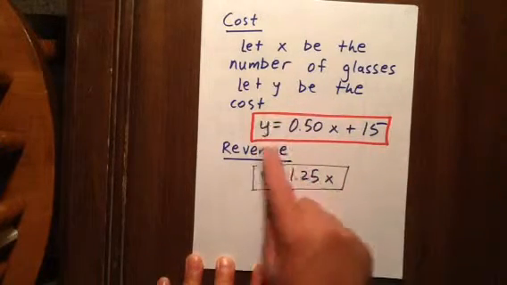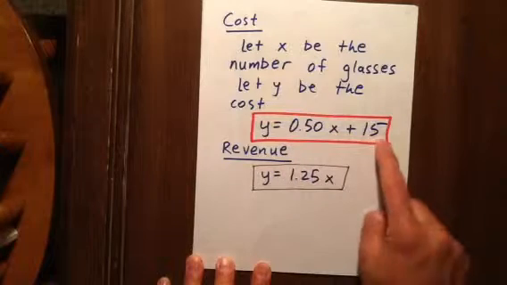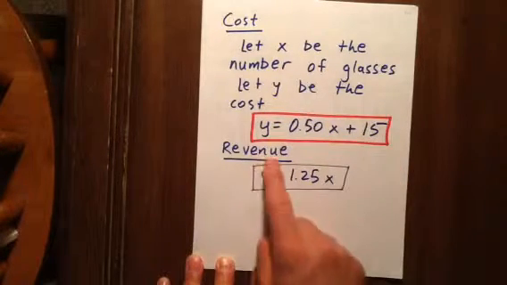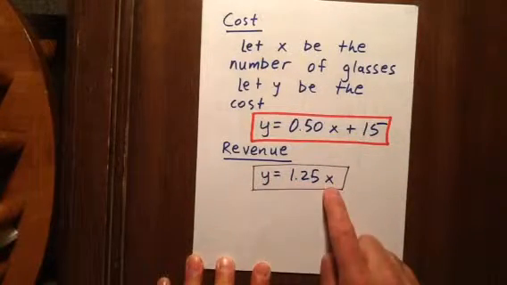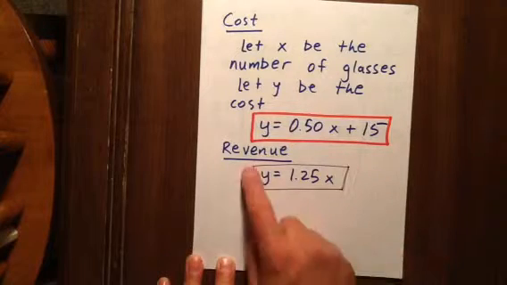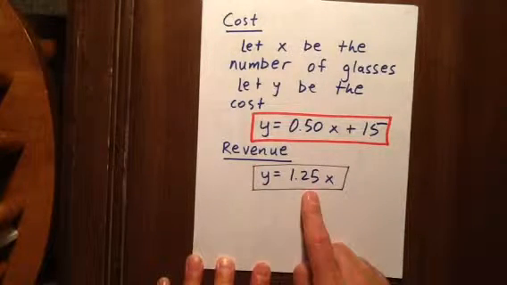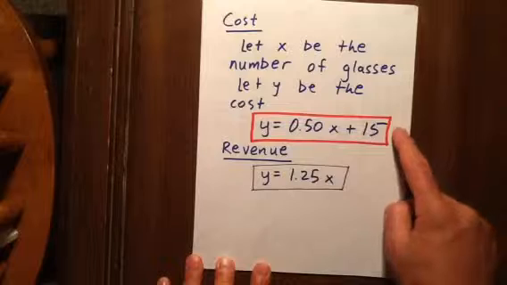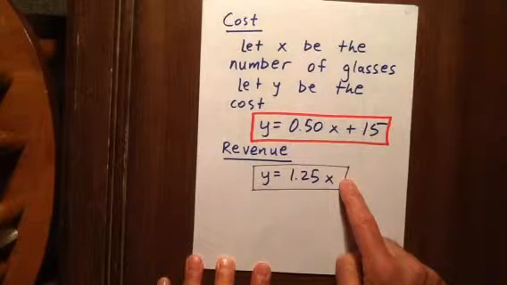Red line meaning this is the amount of money he's spending. His revenue, however, is $1.25 per glass. So in black, that's the amount of money that he's making. Here's his cost and here's his revenue.